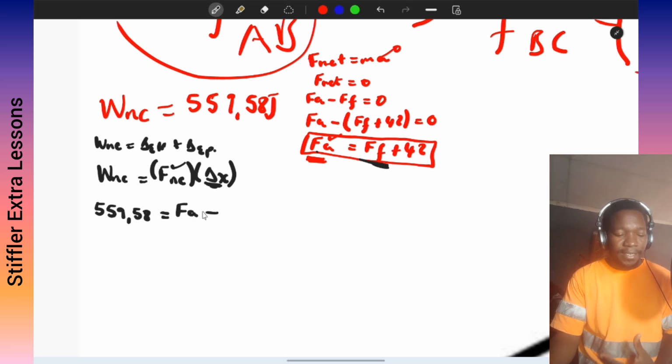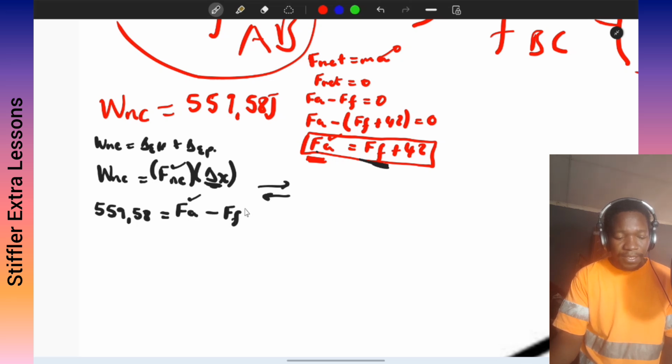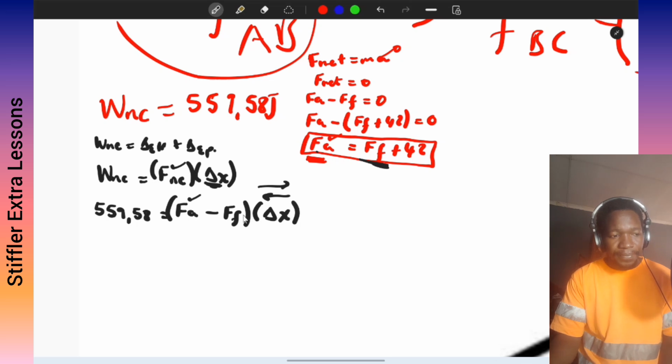Because the force applied is a positive force going up, but the frictional force is going against the motion, so it should be subtracting. Subtracting frictional force should give us the change in x.